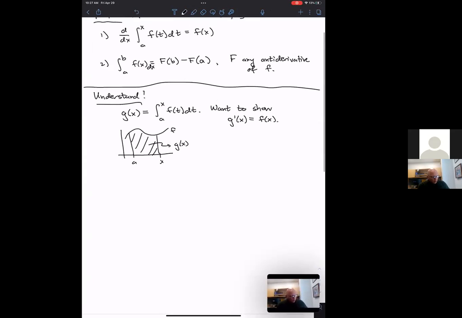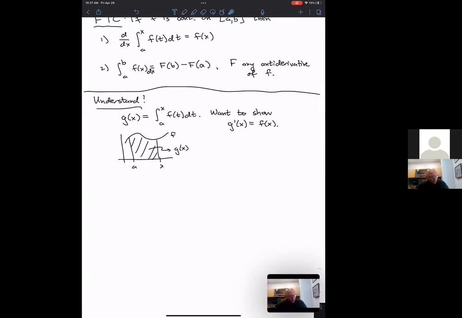So the goal of part one of the fundamental theorem is to say that for this function g, this integral, if I were to take the derivative of this with respect to x, I would get back little f. So that means what I want to show is the derivative of g is little f. So how do I calculate the derivative of this little g?